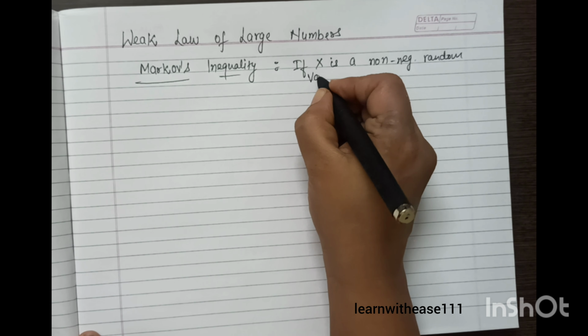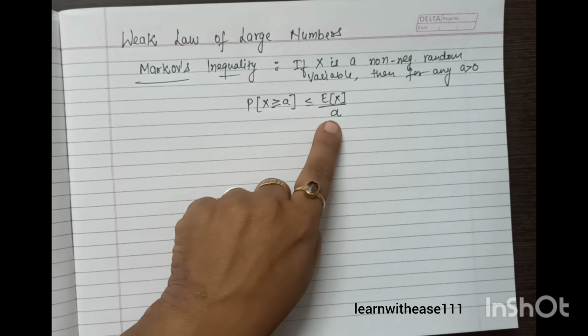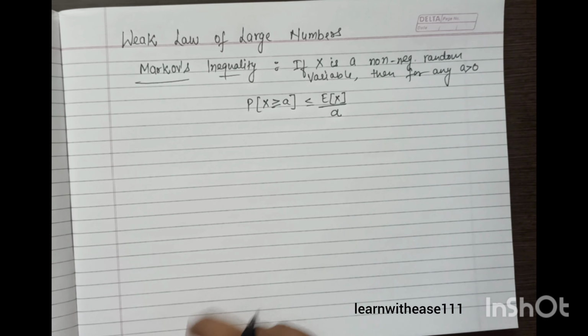Whichever constant is placed here, suppose we are finding the probability of x greater than or equal to 3, so 3 will appear here in this inequality with the expectation of the same variable.